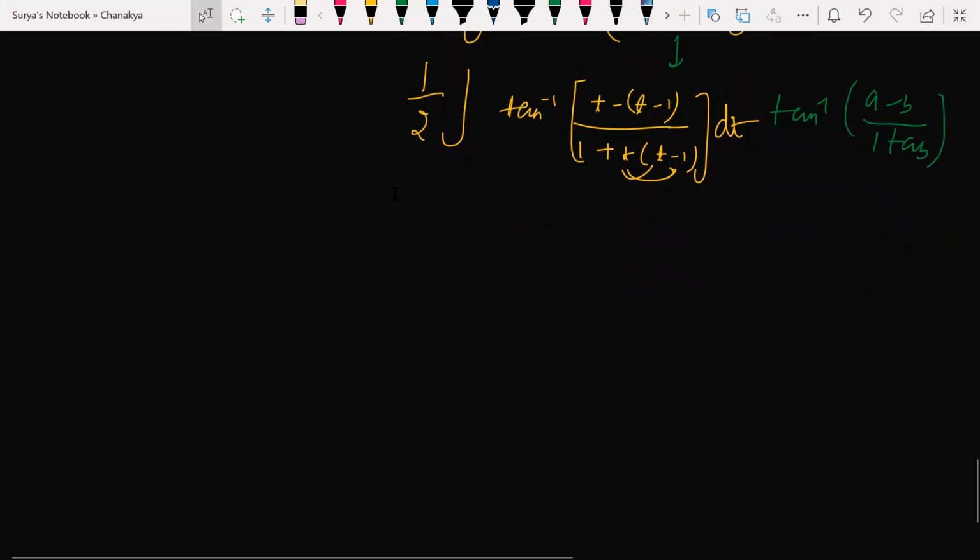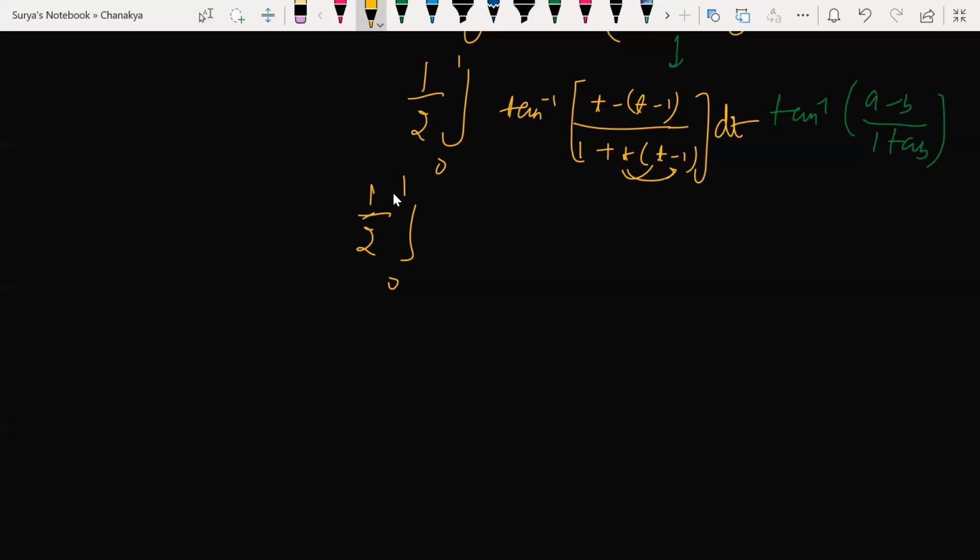So now this will be 1 by 2 times the integral from 0 to 1. Can I write this as tan inverse of a minus tan inverse of b?